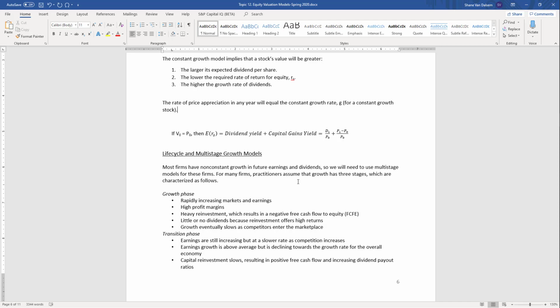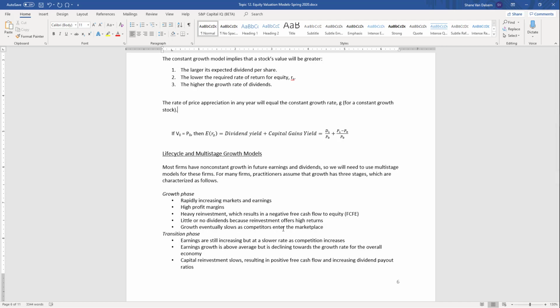For many firms, practitioners assume that growth has 3 stages, which are characterized as follows. The first is the growth phase, so this is when it's young, they've got new products out. It's rapidly increasing markets and earnings. They have high profit margins. They have heavy reinvestment. As a result, and I haven't gone through free cash flows to equity with you yet, but this will often result in negative free cash flows to equity because any cash that's coming in, they're reinvesting it back into the firm.